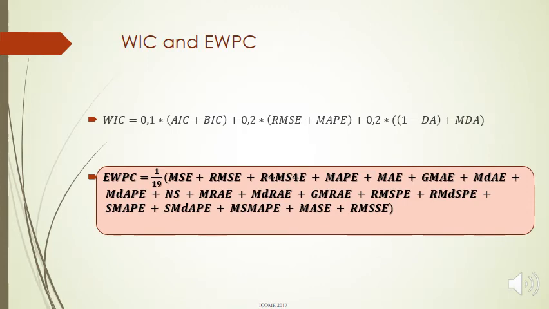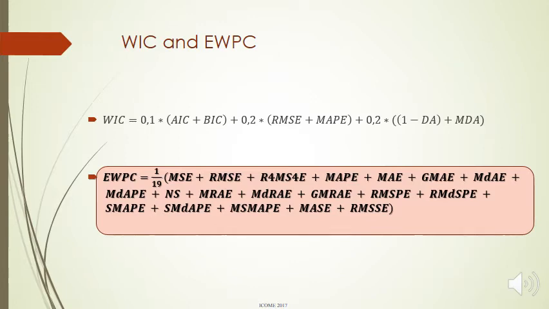And there are different kinds of performance measures in the literature which combine different performance measures together to formalize a better way to calculate errors. We can give an example like the weighted information criteria, which has the Akaike and Schwarz information criteria, root mean square error, mean absolute percentage error, direction accuracy, and modified direction accuracy.